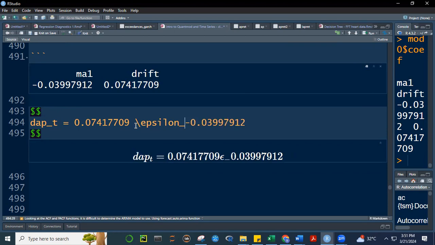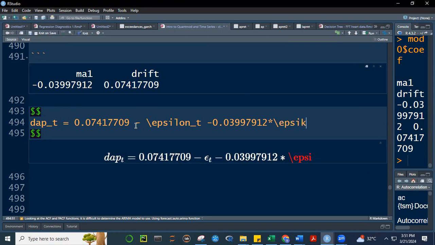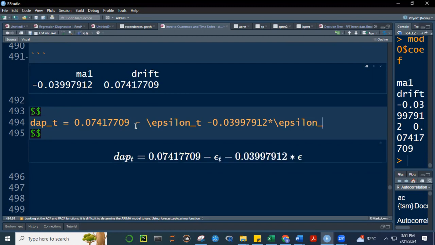epsilon underscore T, and then minus, may kulang ako dito, minus, and then minus, times, epsilon, error term underscore T minus 1.